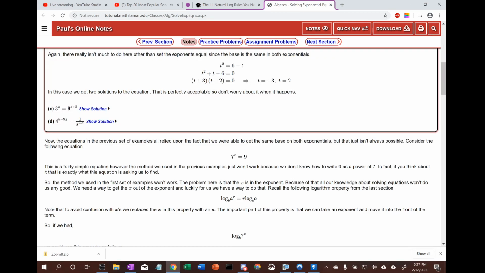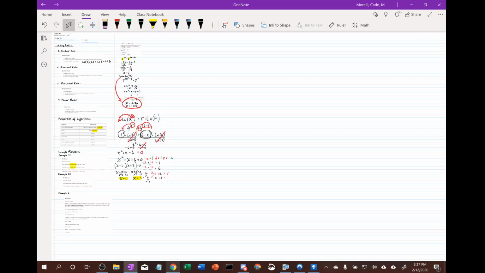Okay, well, here's a situation in number C where the bases are not the same. So it's 3 to the z equals 9 to the z plus 5. Let's go back here.